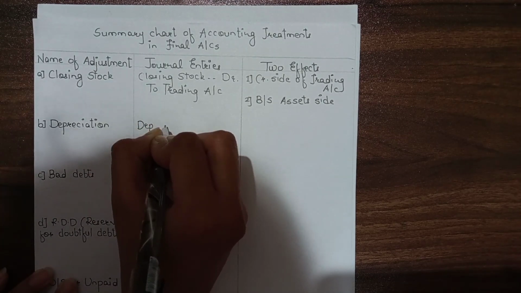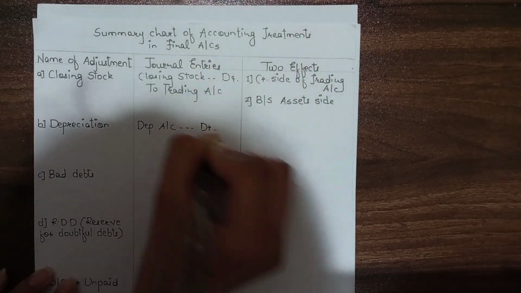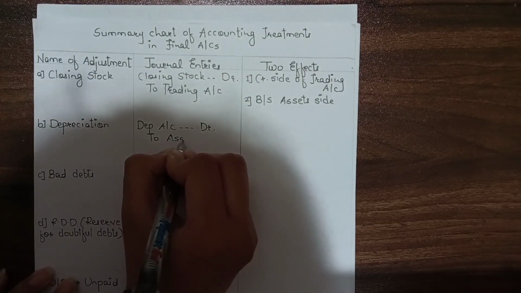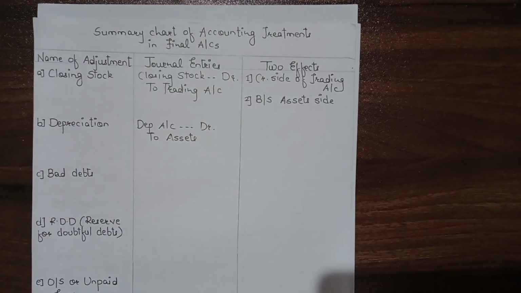I will write it in the short form, and to assets account, because depreciation is being applied to assets, that is why credit effect to them. The two effects for it: the first effect will appear in the profit and loss account on the debit side.